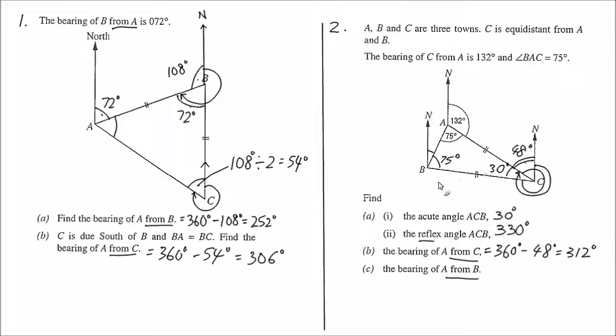So to find the angle here, we can extend the north-south line further down. So we notice this small angle here is equal to the small angle here. And this angle from here to here is 180 degrees.